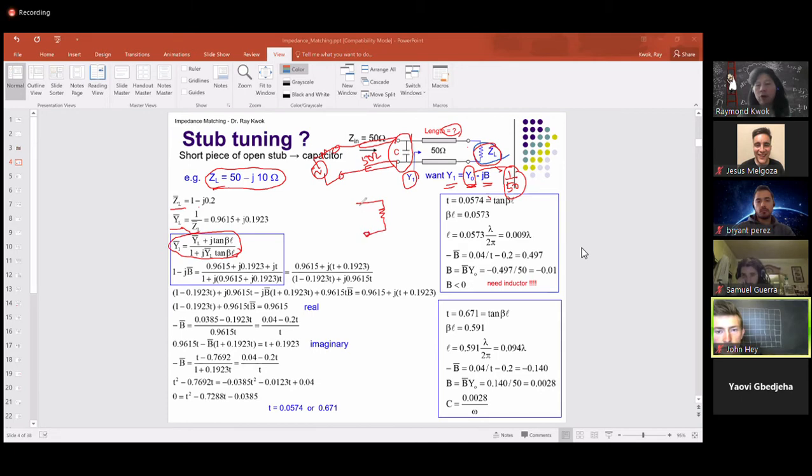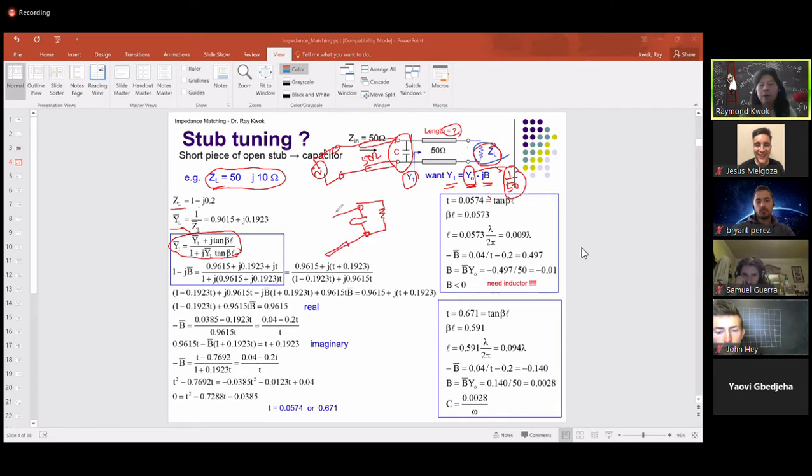No. So by putting a capacitor here, let's say you can only match one. Remember, this is a complex load, right? The real part of the impedance is called the resistance. The imaginary part is called the reactance. So if you want to match a complex number, you have to match both the real part and the imaginary part.